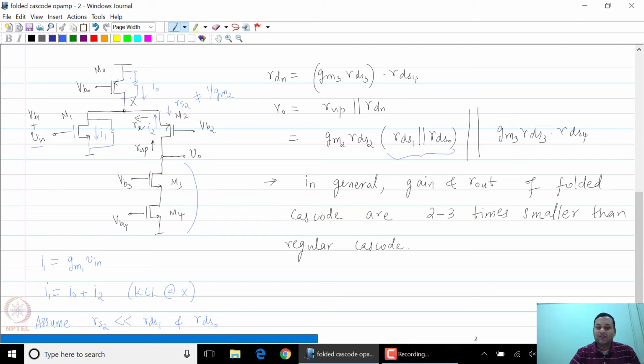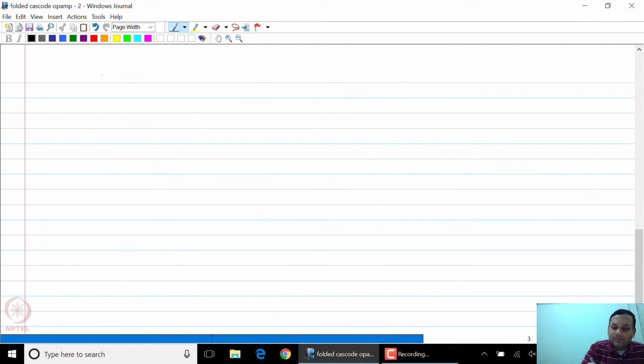So we will assume this is true, and therefore for the small signal gain we now assume that the circuit has been designed such that all of I1 flows through M2.